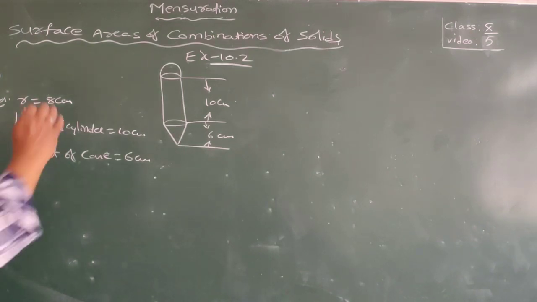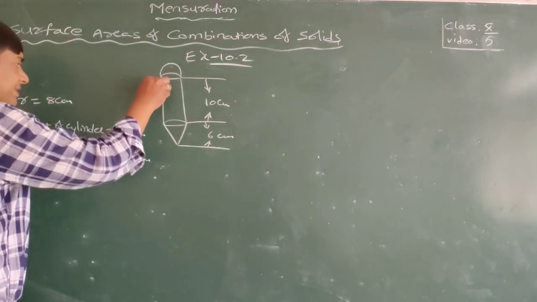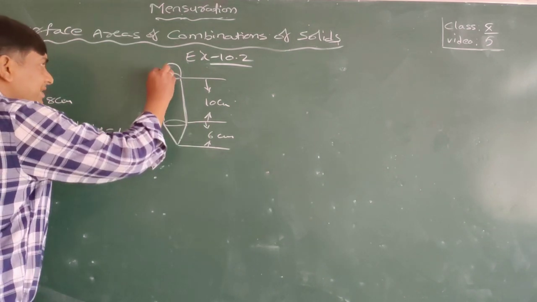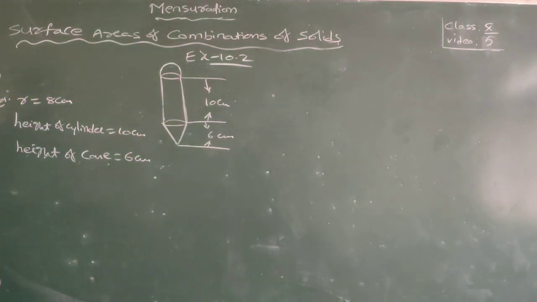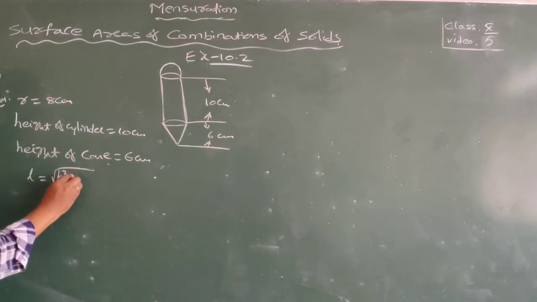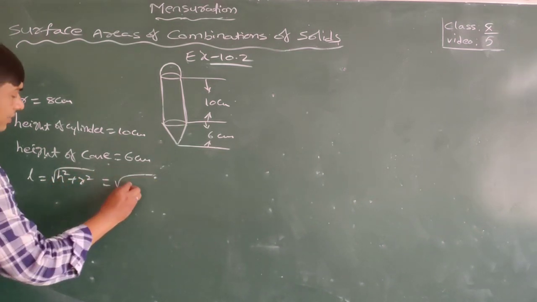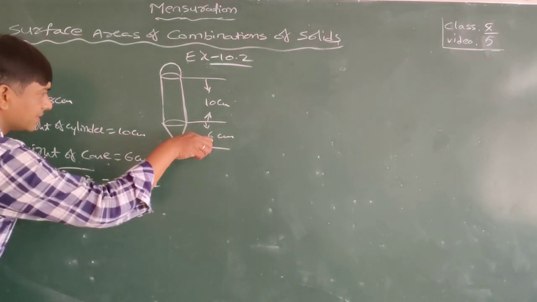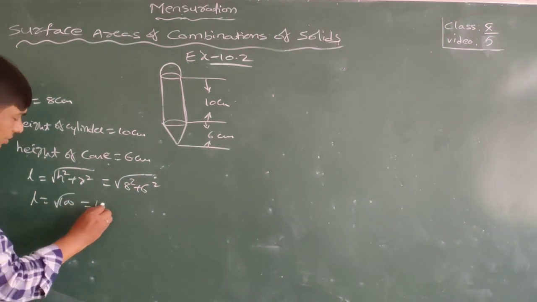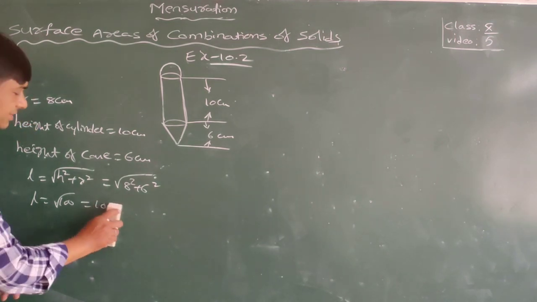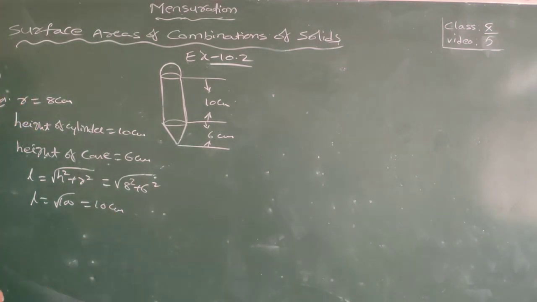Total surface area of the solid means CSA of the cylinder, CSA of the hemisphere, CSA of the cone. First, find the slant height. l is equal to root of h square plus r square, that is equal to root of 8 square plus 6 square. This is radius only. l is equal to root 100, that is equal to 10 centimeters.